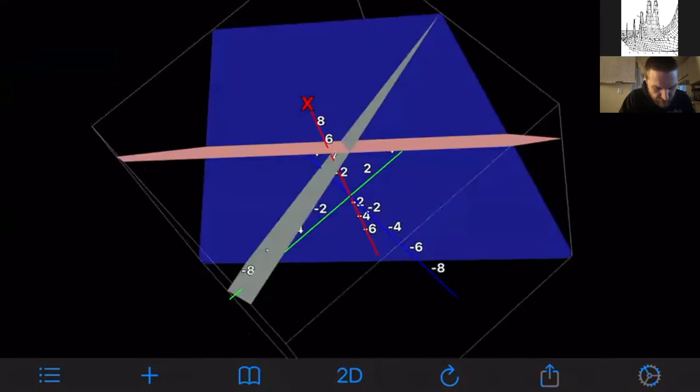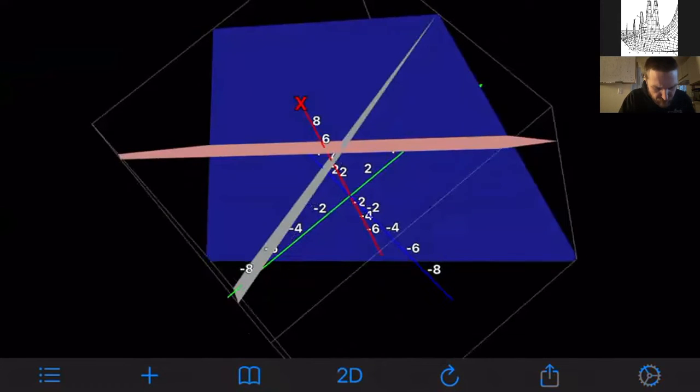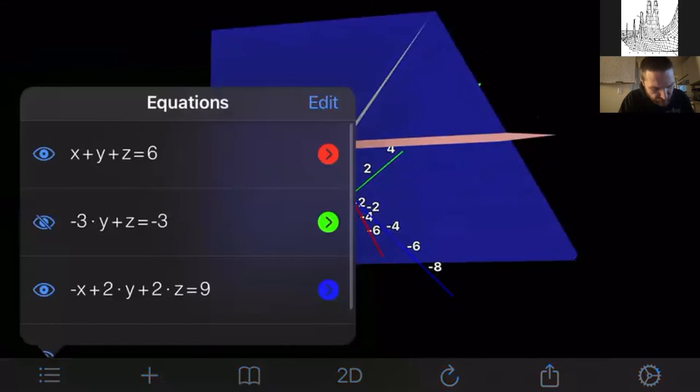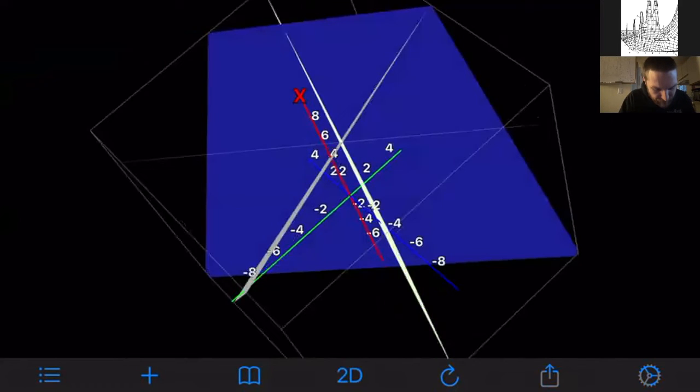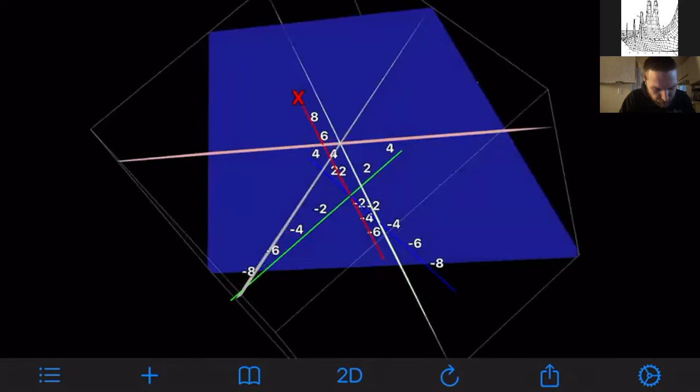And then when I add my new equation in, see it goes through that, since those go through the same line, it's got to intersect that blue plane at the exact same place.